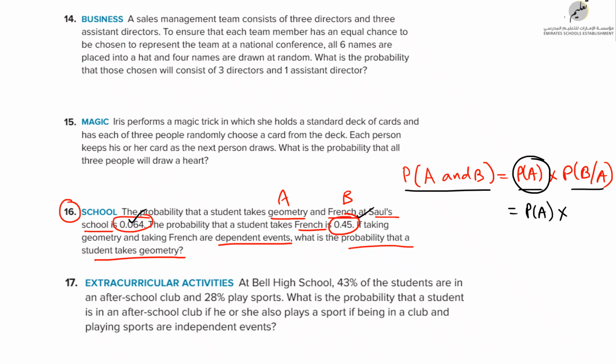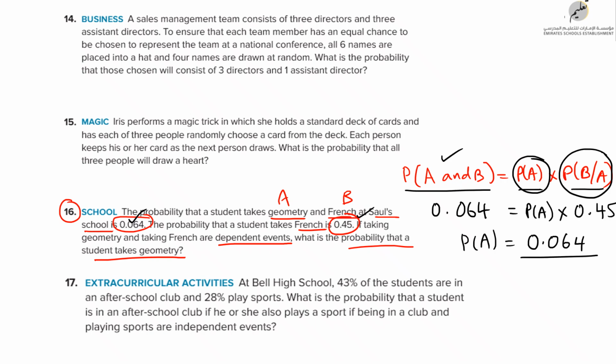The probability that the student takes geometry and French both, the probability of A and B, is 0.0064. So I just put the value. Similarly, the probability of B, that the student takes French, is 0.45. Now we need to find the probability of a student taking geometry, so we divide these two decimals: 0.0064 divided by 0.45.